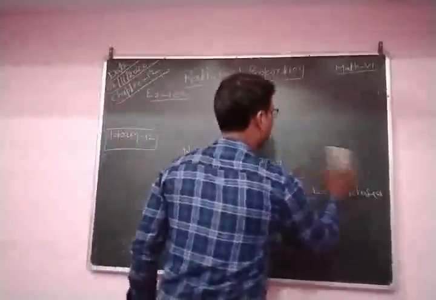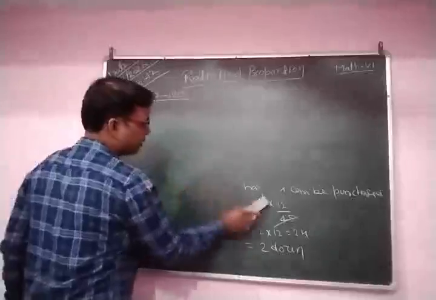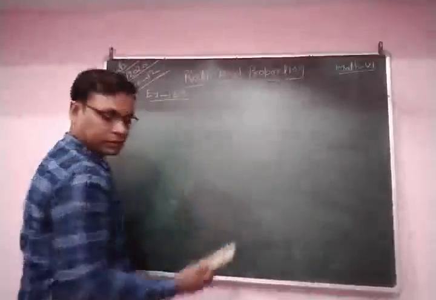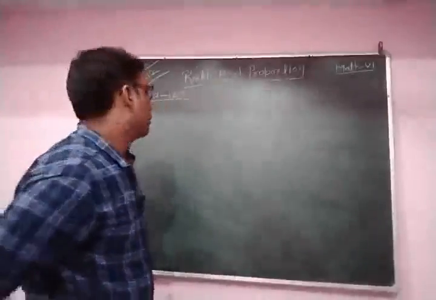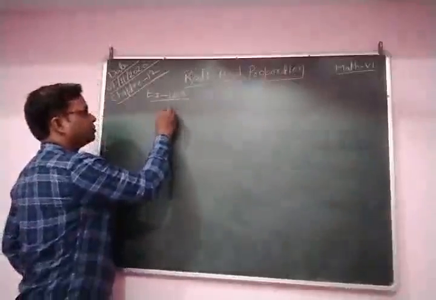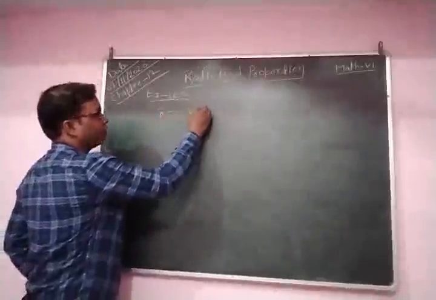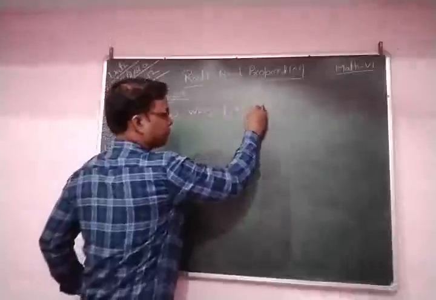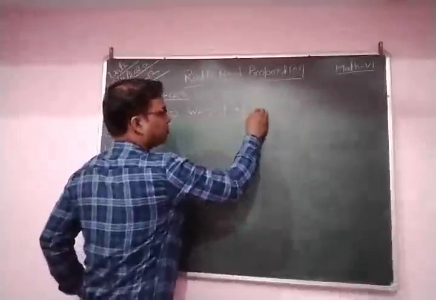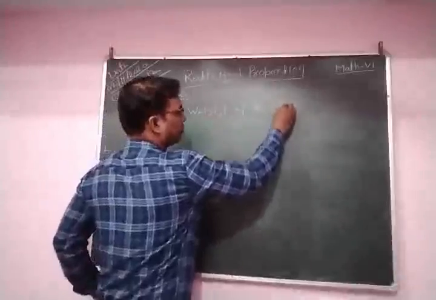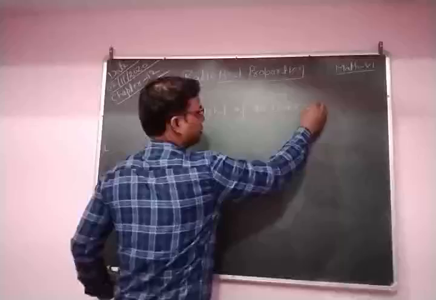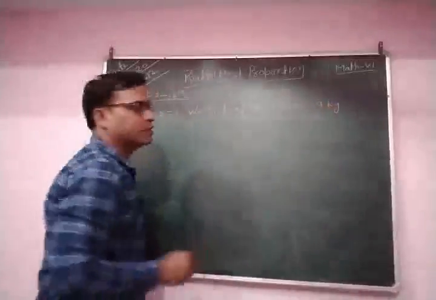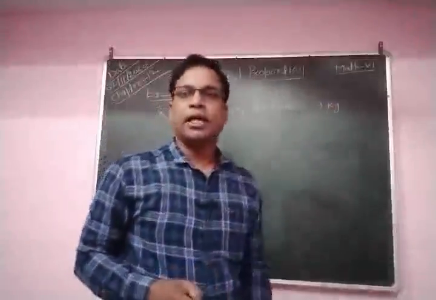First we erase it. After this we find question number 8 here. This is given: the weight of 72 books is 9 kg.